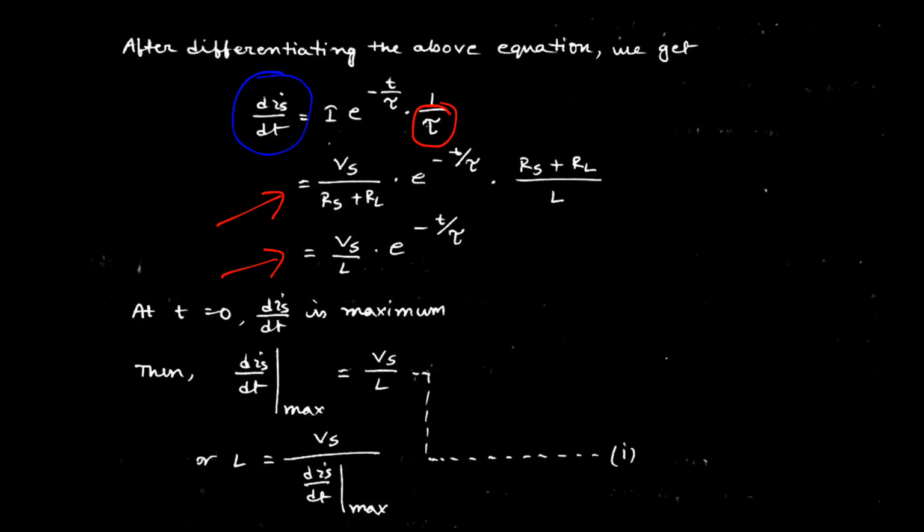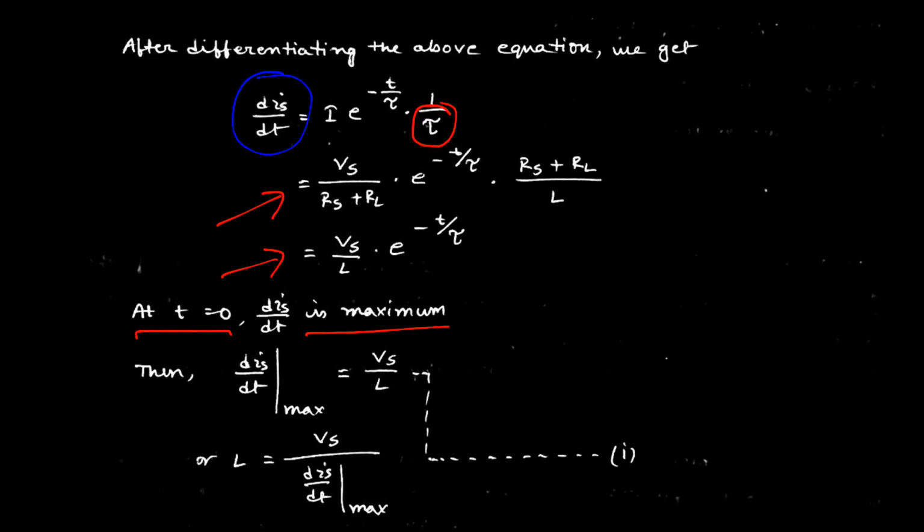Initially, when the switch is closed at time t equal to 0, the capacitor behaves like a short circuit. That way it will resist the maximum dI/dt stress. That is why we can consider that at t equal to 0, dIs/dt is maximum.